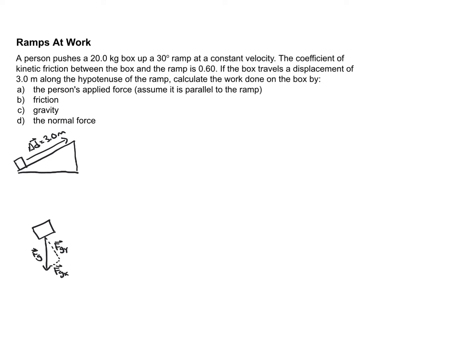Since the box is being pushed up a ramp, and it is moving up a ramp, the friction will be the opposite way. So friction will be down the ramp. And this is going at a constant velocity, so the applied force has to be large enough to balance out those two downward forces, the friction and FGX. Finally, we'll have a normal force, which is going to be balanced with FGY. This is very typical of a lot of ramp problems we've done.